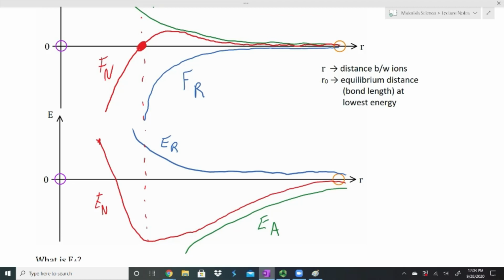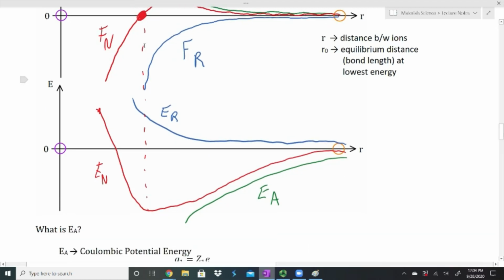We have this spot here where our net force is 0. That's at equilibrium. And at equilibrium, when nothing wants to move, when everything's happy, and our equilibrium forces are all at 0, we should assume that we're going to be at a minimum in energy, right? Because energy wants to kind of sit at that middle point.